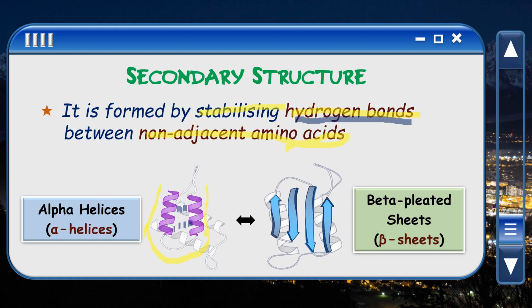And these hydrogen bonds are between non-adjacent amino acids. So this hydrogen bond, which is formed here, going here, there is an amino acid here.